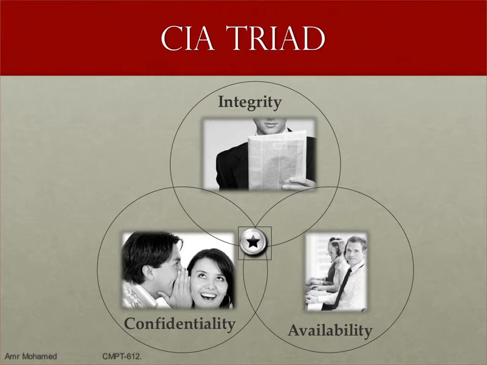If it's down, this means that availability of this type of service is affected negatively. So availability means the ability to access data, systems and services in a timely and reliable manner, and to be protected against denial of service.